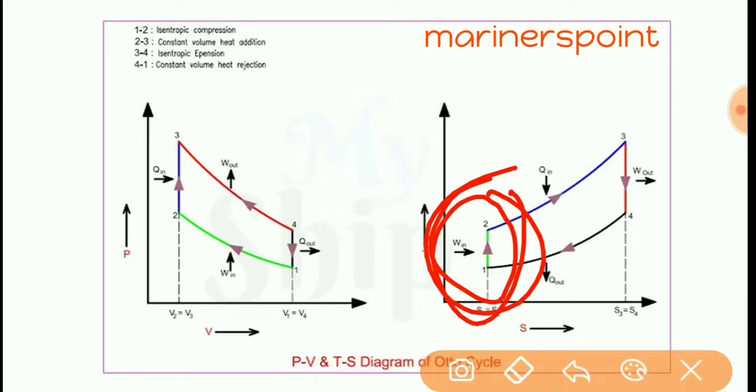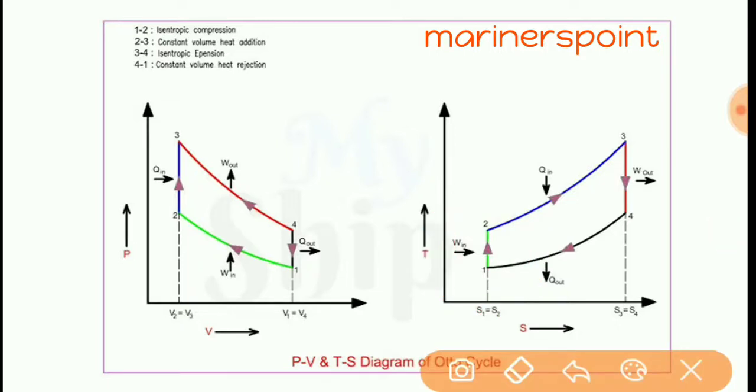So it will be very easy to draw the TS diagram. Okay, the graph is the same, but you only have to see the figure, whether the temperature is less or more. In the diesel cycle the temperature difference is more, but in the Otto cycle the difference is less.